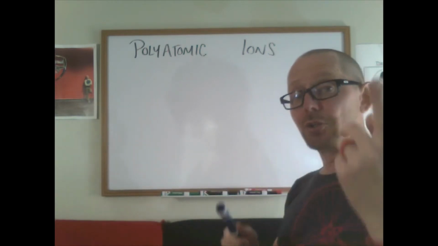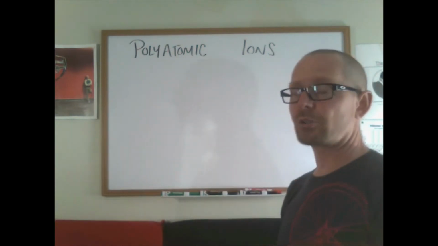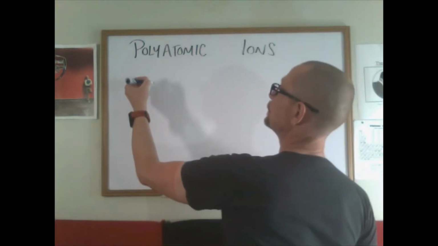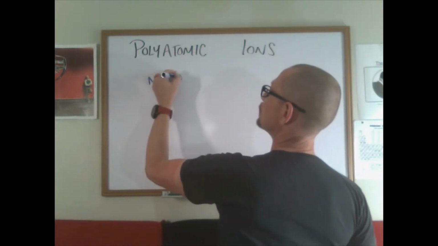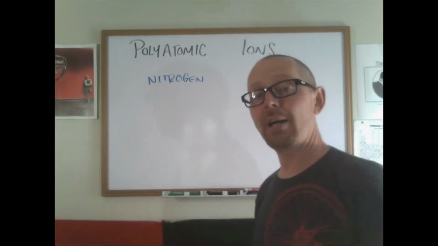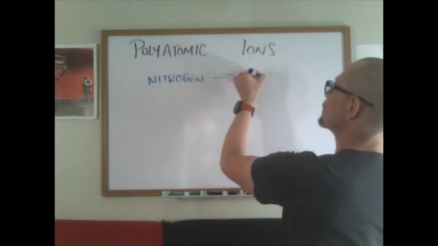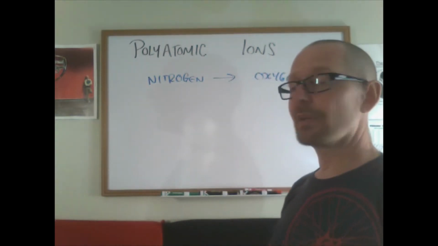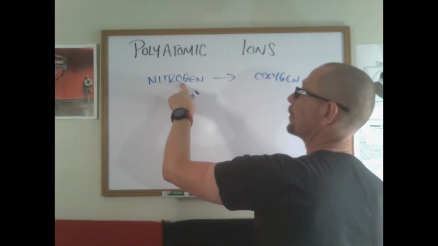Nitrogen readily bonds with oxygen to form a polyatomic ion. So nitrogen combines with oxygen. So the name we get from that is nitrate.